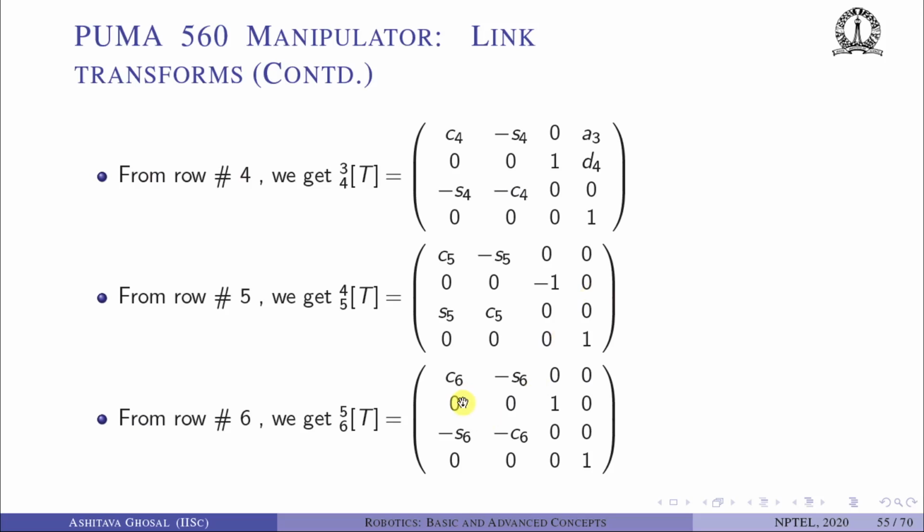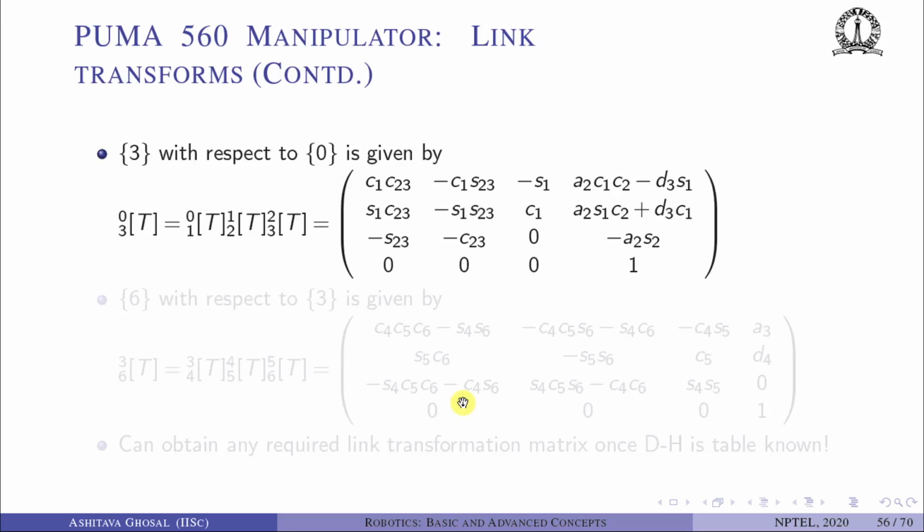So we can easily find each link transformation matrix, or another way of saying, the position and orientation of a link with respect to the previous link. If you want to find, just as an example, the position and orientation of link 3 with respect to 0, we can do 0, 3, T, which will give you 0, 1, 1, 2, 2, 3.